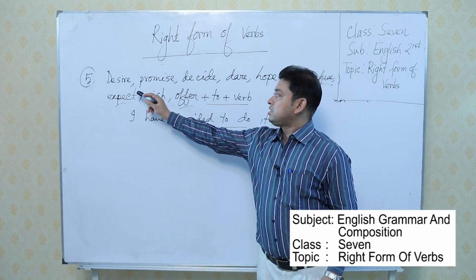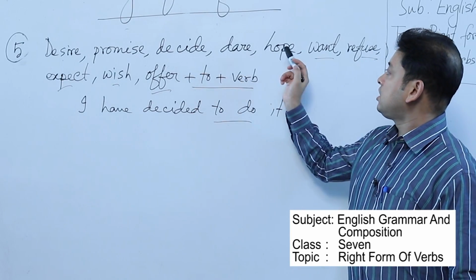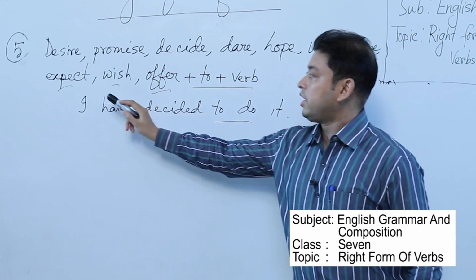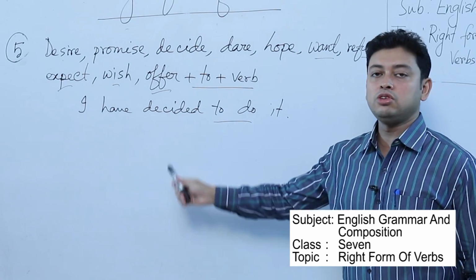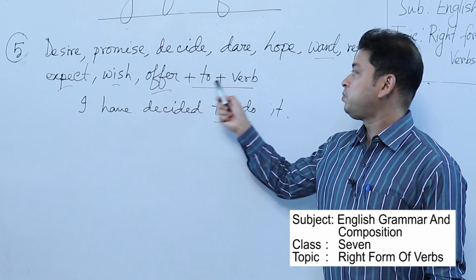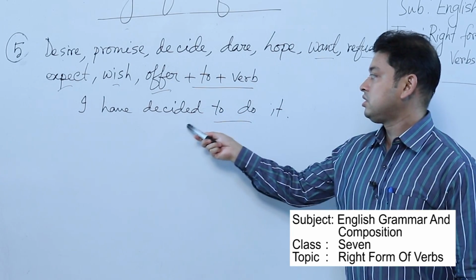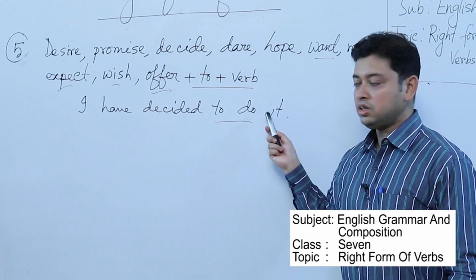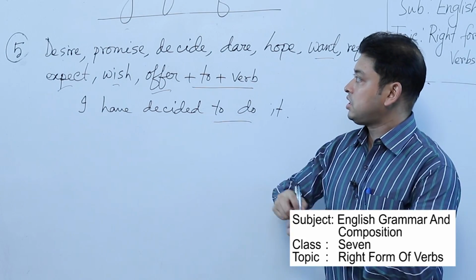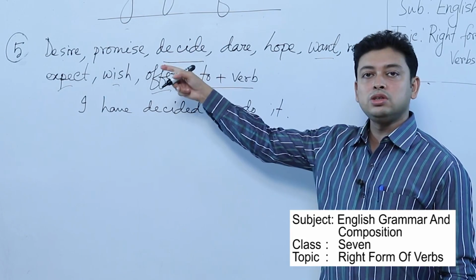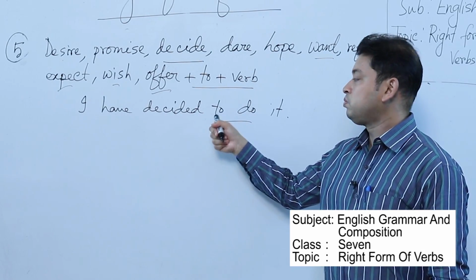If there is desire, if there is promise, decide, dare, hope, want, refuse, expect or wish or offer, there will be infinitive to. That means 2 plus base form of the verb. So example is, I have decided to do it. After decided, because decided is the verb here, according to this rule there will be 2 plus base form.